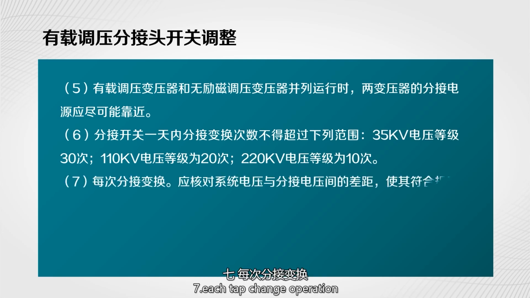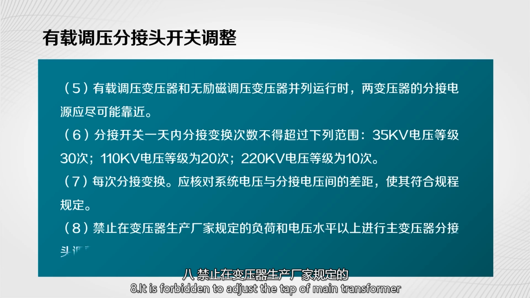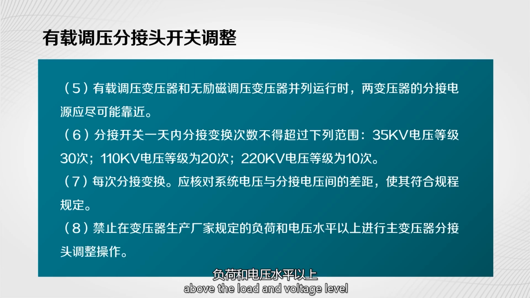Seventh, each tap change operation should check the gap between the system voltage and the tap voltage to make it comply with the regulations. Eighth, it is forbidden to adjust the tap of main transformer above the load and the voltage level specified by the transformer manufacturer.